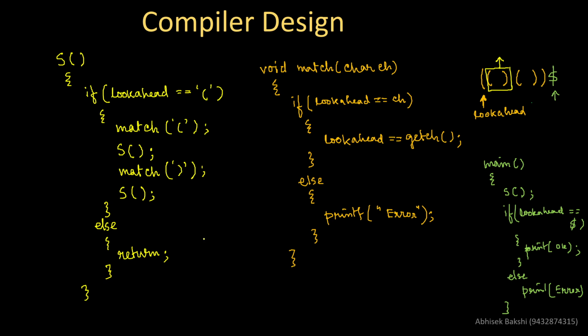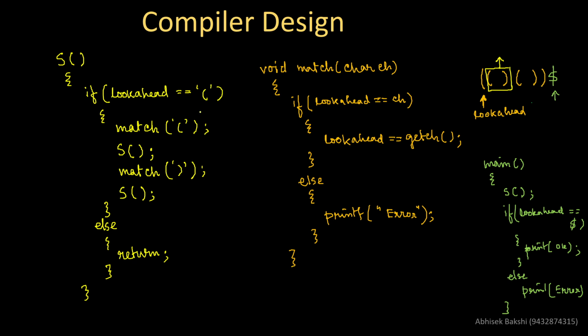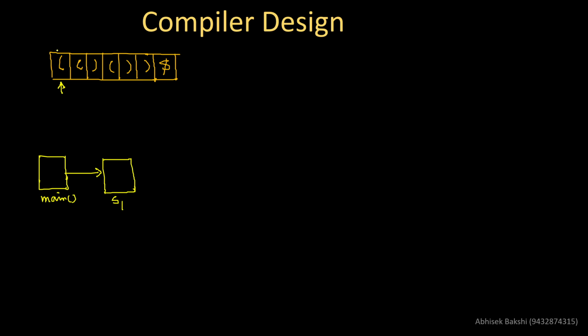So assume this function will get executed, and the first thing is that lookup equal to opening brace. Let's see, yes, the lookup is opening brace. So if the lookup is opening brace, then what is written: match, then S, then again match, then S. So the first function that will get called is match opening brace, and the lookup is the same character, the opening brace, right?